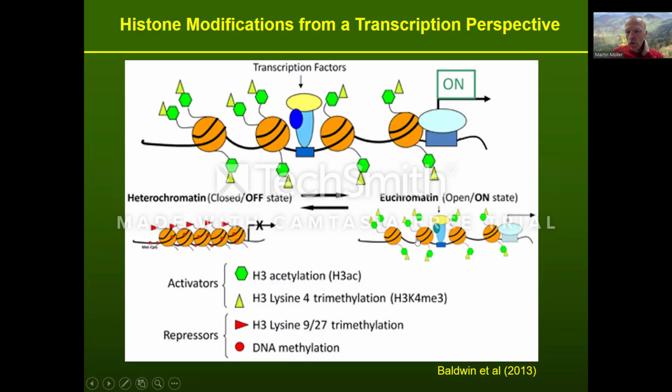In contrast, if the N-terminal arms of the histones are acetylated, then the histone octamers are further apart, the DNA is not as much compacted, and transcription factors have access to their binding sites and can activate RNA polymerase activity, and the gene is active.